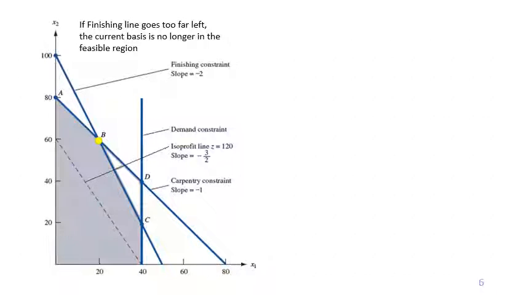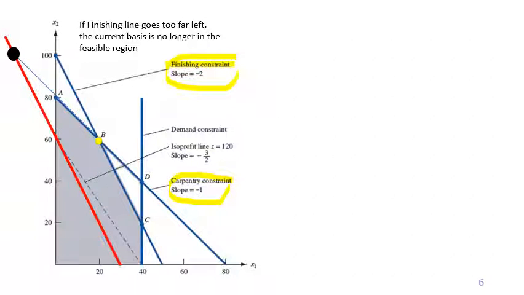So if I shift this finishing constraint line to the left and it goes too far to the left, the current basis is no longer in the feasible region, because the intersection between finishing and carpentry will fall outside of the feasible region. Here's the original finishing constraint, and then I shift it far to the left.